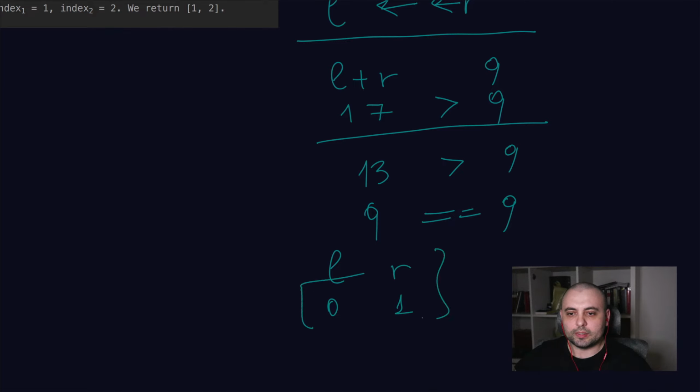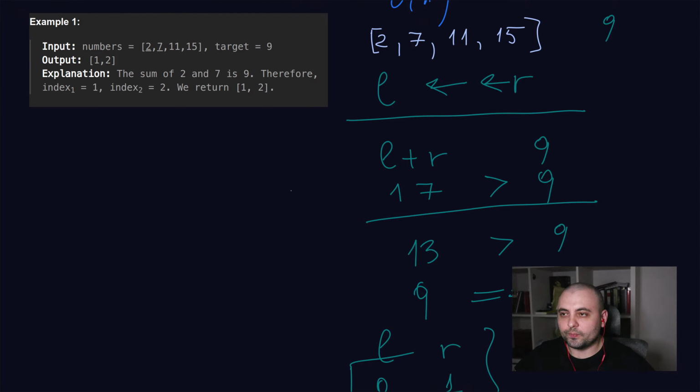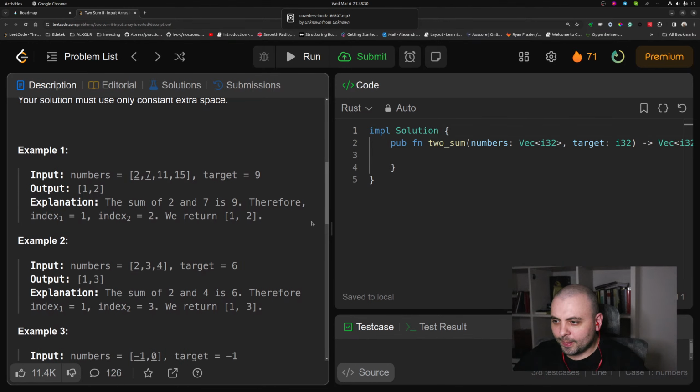If for example we had something different, so probably let me copy a different example. So let's check. Yeah, maybe this one will work. Yeah, I think this one will work.